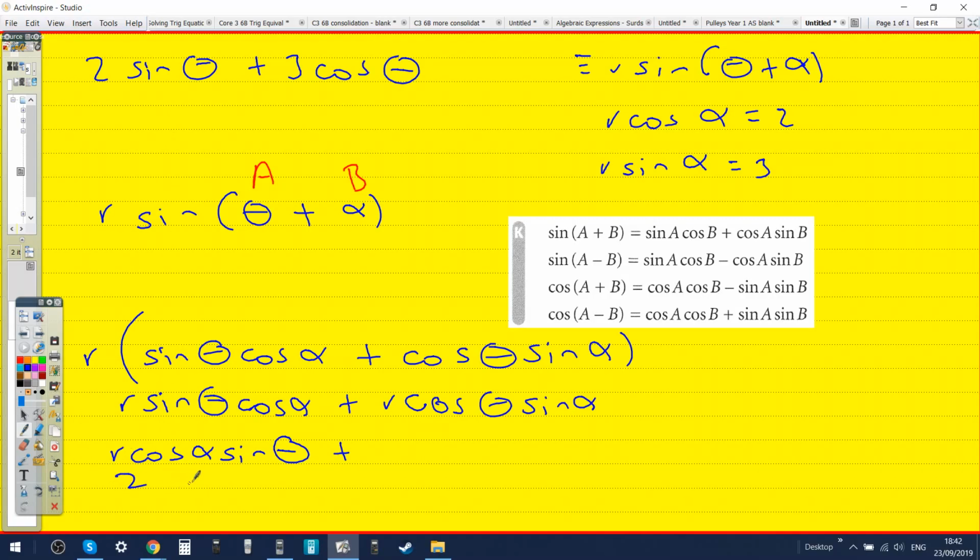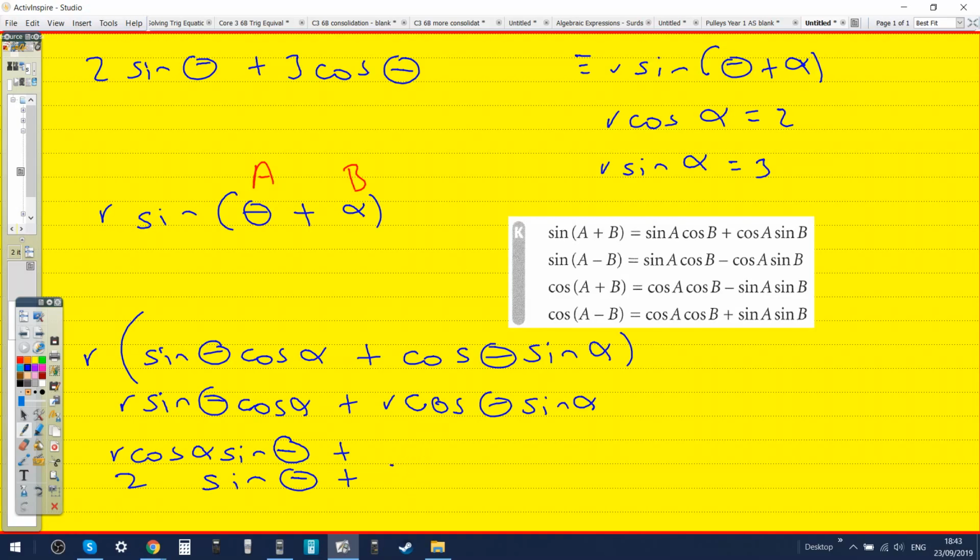Now just by comparison, 2 sine theta. And so what does that show you? Yeah, remember, so this original question up here was 2 sine theta plus cos theta times 3.